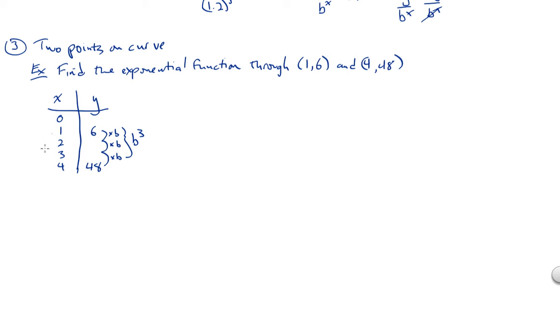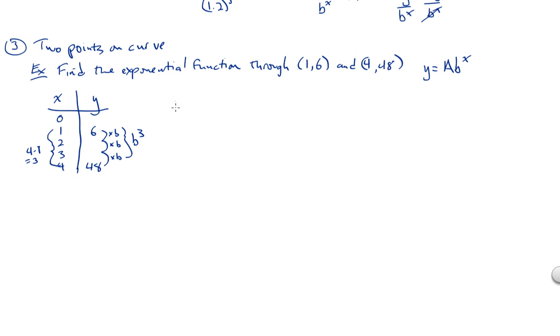It's 3 because to go from 1 to 4, it's 3. So if it wasn't a nice stair step, you could just take your x values and subtract them, and that would be the power of b that you're dealing with. So let's make a little equation with this. Let's remember what final equation we're looking for. It's a b to the x. We need to find a and b, our starting value a and our multiplier b.